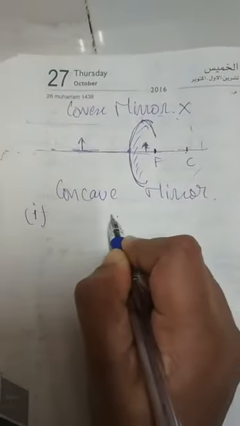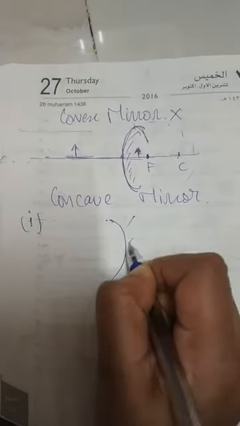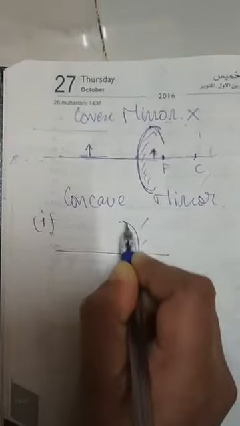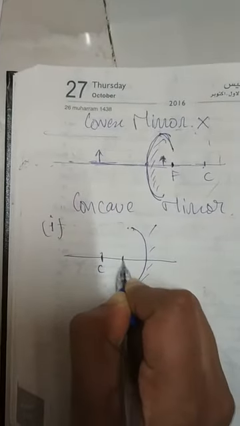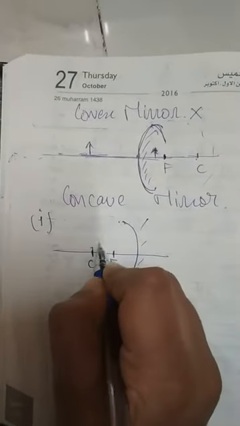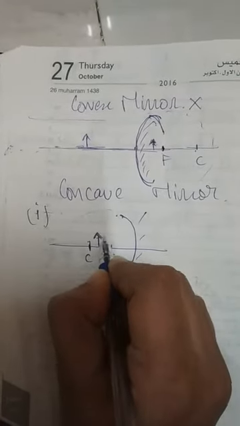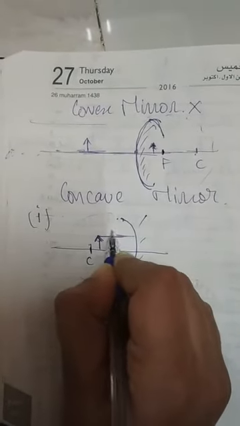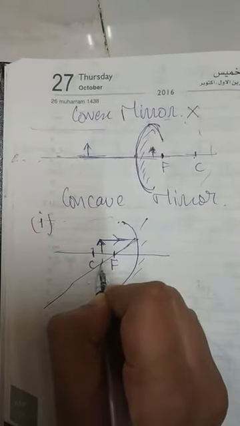But students, if they have given you two figures, look, suppose this is my concave mirror. Since this is my circle, there must be a center, and R by 2 is my focus. Suppose this is my object, between F and C. If the ray is parallel to the principal axis, after reflection it will pass through the focus.